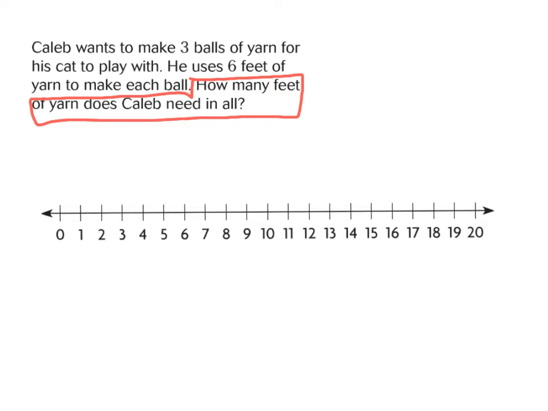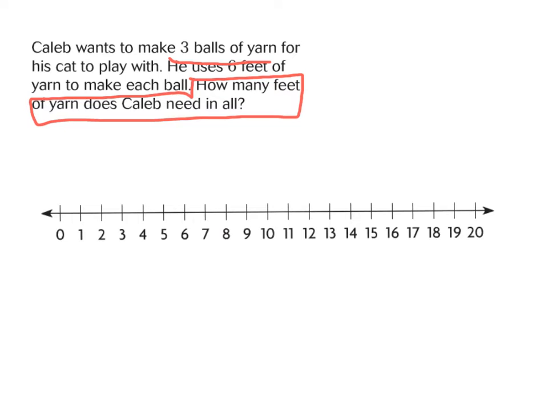So let's look back at the word problem and try to figure out what information we have already. Going back to the first sentence, it says, Caleb wants to make 3 balls of yarn for his cat to play with. So we know that he wants to make 3 balls of yarn.